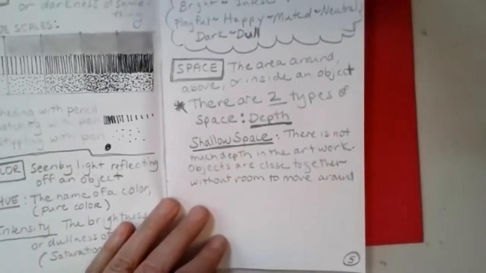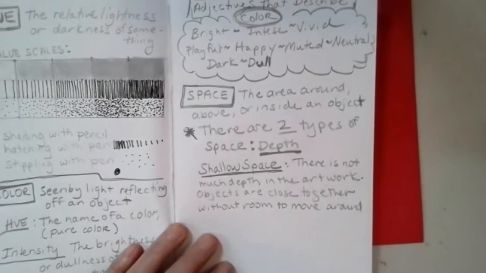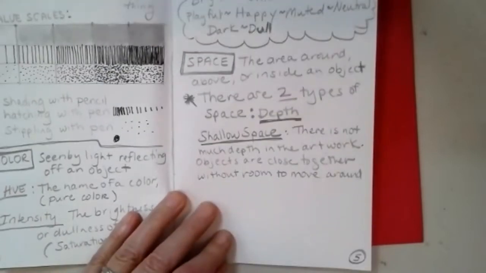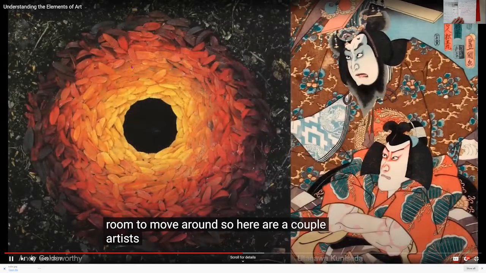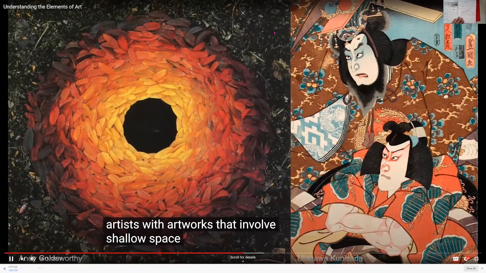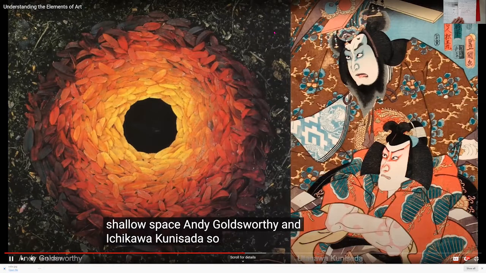So this is what my page looks like so far. Here are a couple artists with artworks that involve shallow space: Andy Goldsworthy and Utagawa Kuniyoshi.